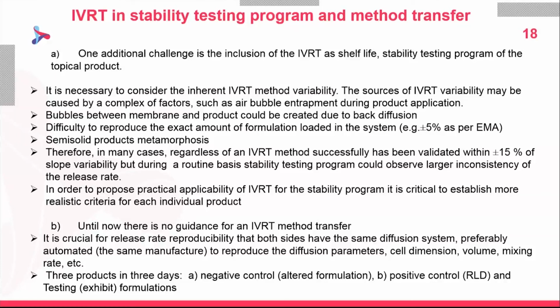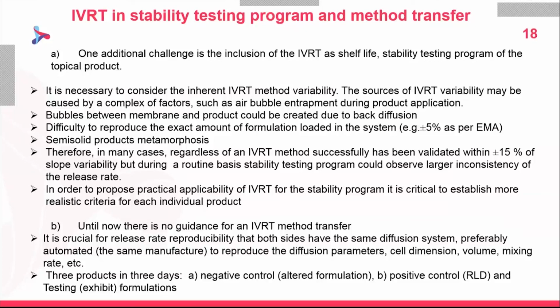During aging, semi-solid products could experience metamorphosis. Therefore, in many cases, even though the IVRT method has been successfully validated within 10 or 15% slope variability, a routine-based stability program could observe larger inconsistency in release rate.